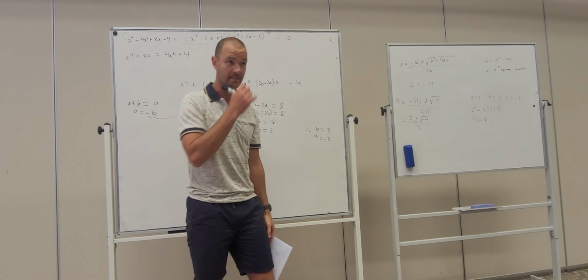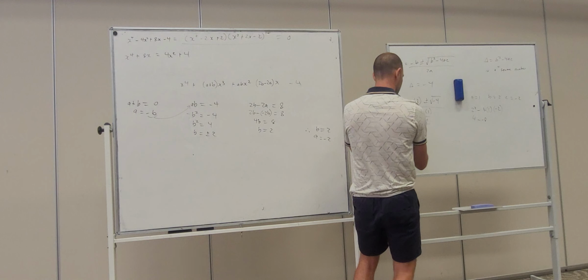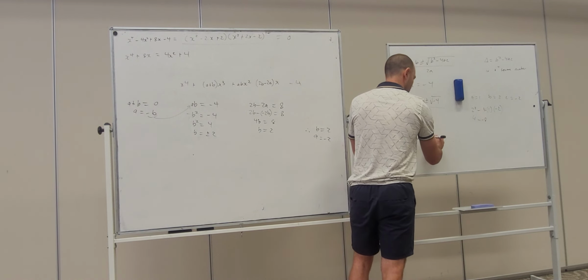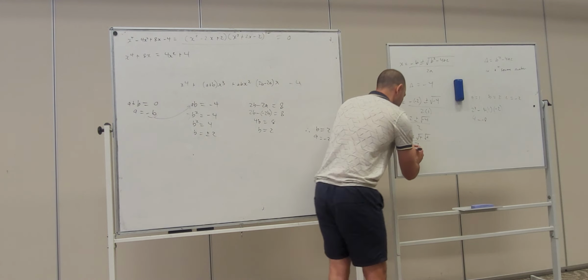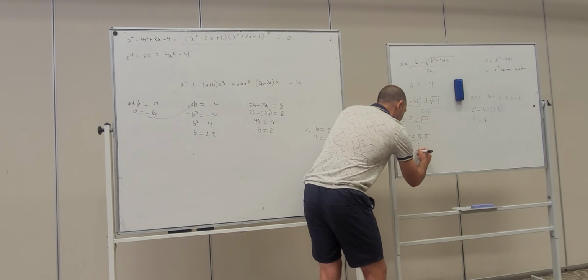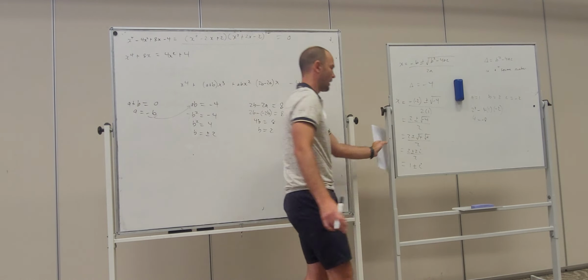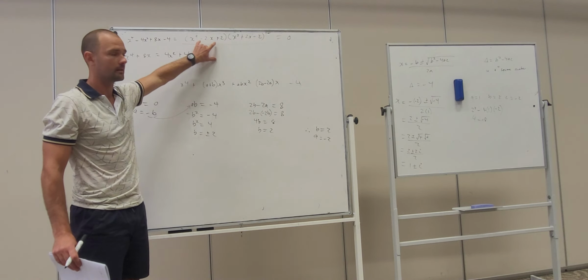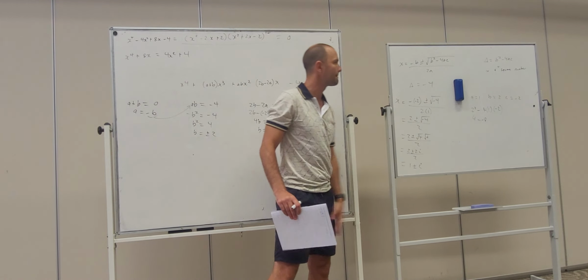Okay, now we can simplify that using complex numbers, right? The square root of minus 4 is the same as the square root of 4 times minus 1, which is the square root of 4i, right? Okay, so they're the two roots we get for the first quadratic component. Okay? 1 plus or minus i.